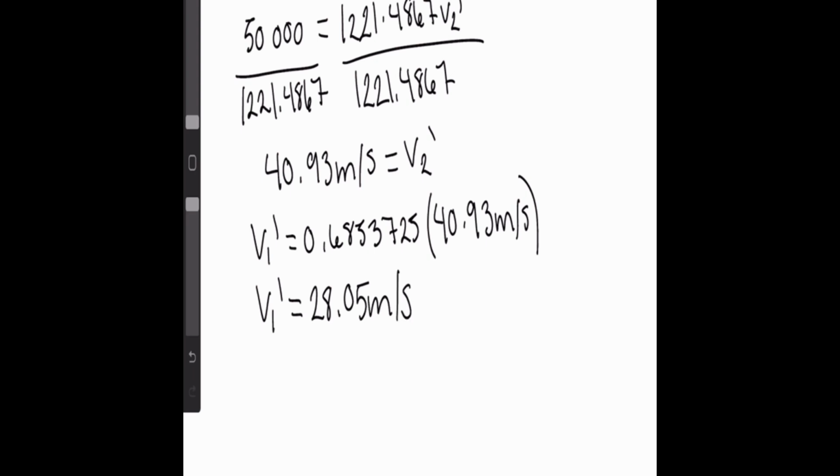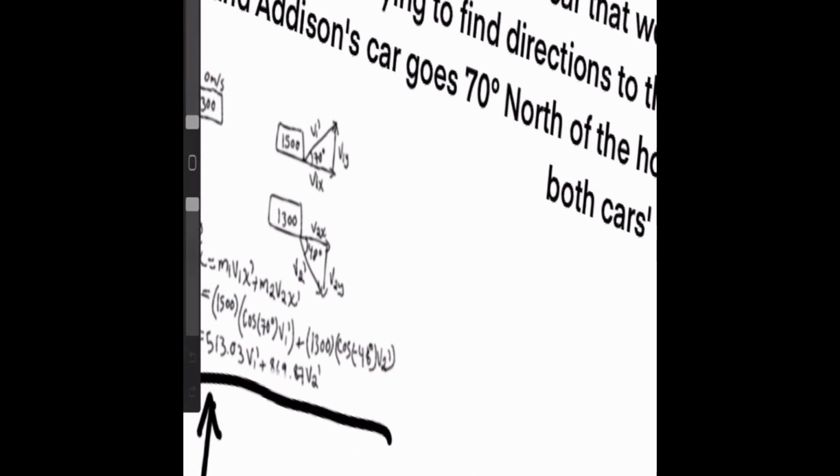So V1 prime is 28.05 meters per second and V2 prime is 40.93 meters per second. So that is what each of these values is.